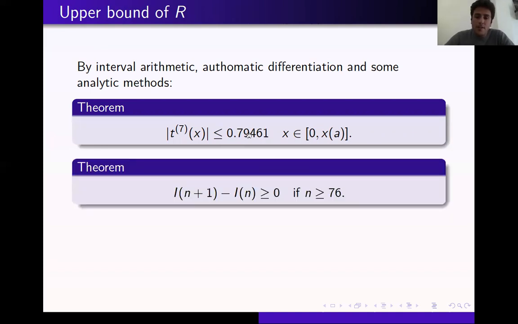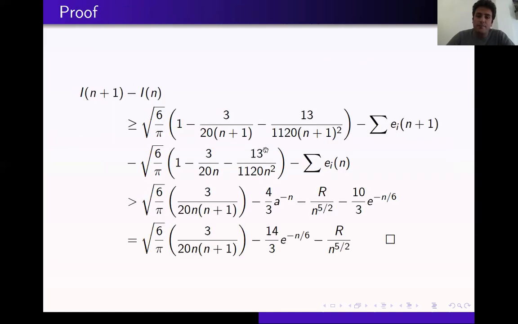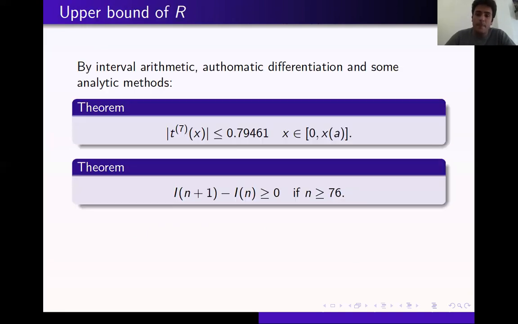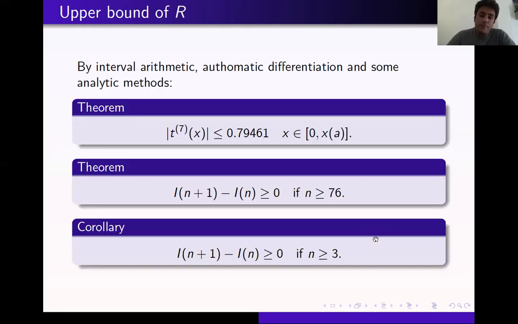And then with this constant, one can check that this condition is fulfilled when n is greater or equal to 76. And in order to prove that this is also true for every n greater or equal to 3, you just compute it explicitly with the closed formula, with the exact formula. And that's it. So this is the idea of the whole proof.